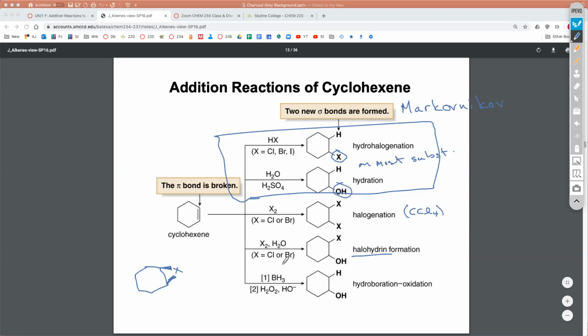The one that I don't believe I've gone over in the lecture notes so far, but is represented, I think, pretty well here in the slides, and I'll go over it now in just a minute, is the hydroboration.